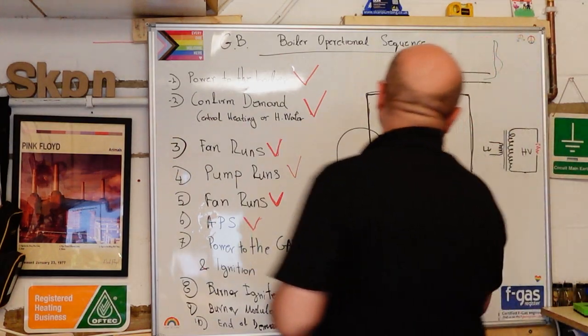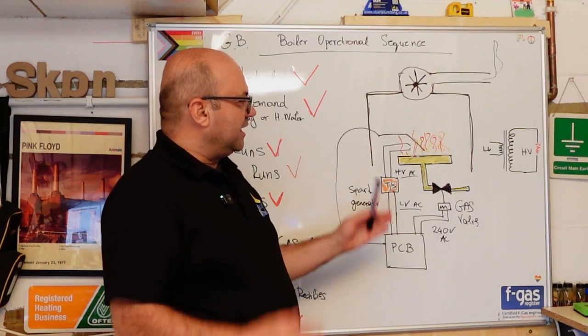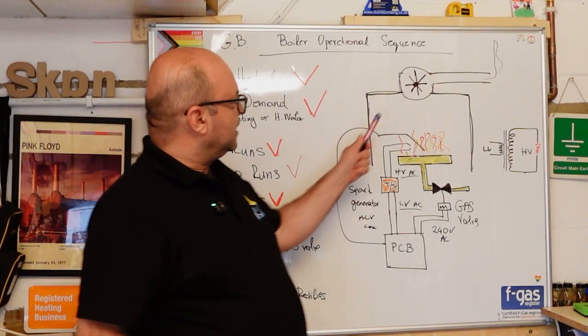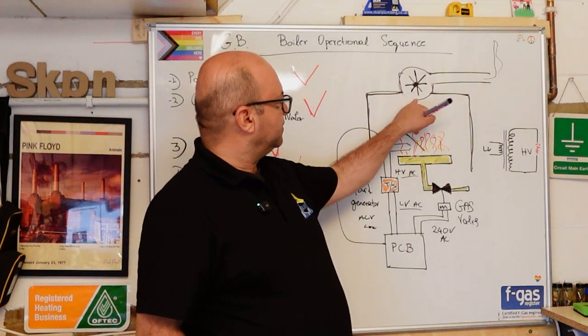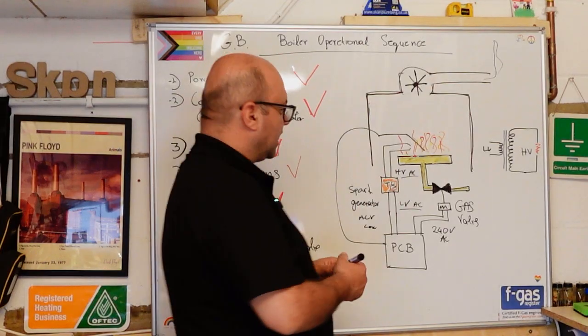Here guys, I make a little sketch. I'm not sure if it's perfect, but anyway, it is what it is. And here we have the extractor fan, which takes the negative pressure.